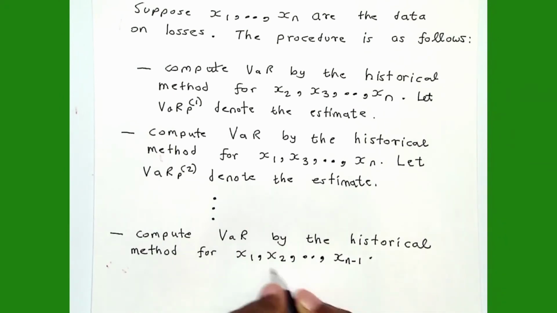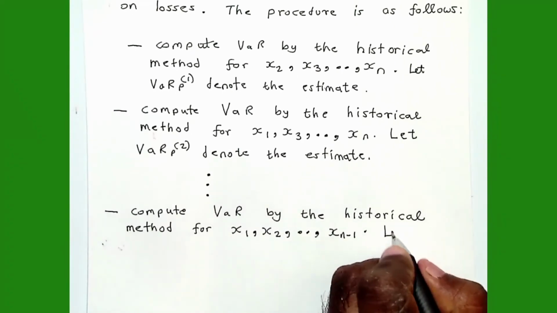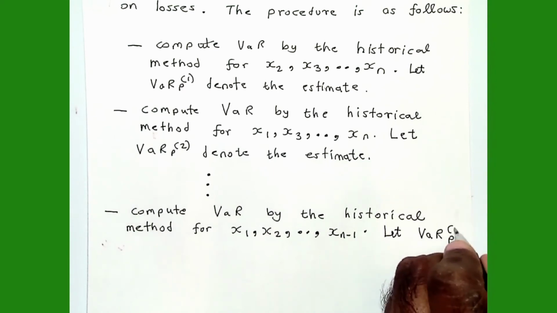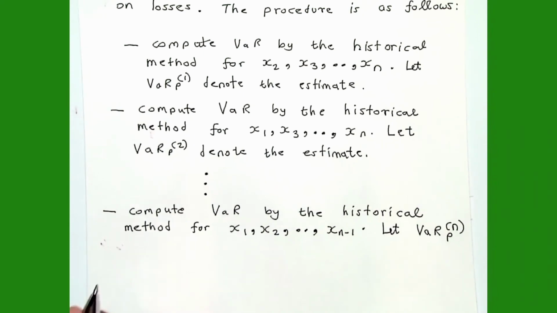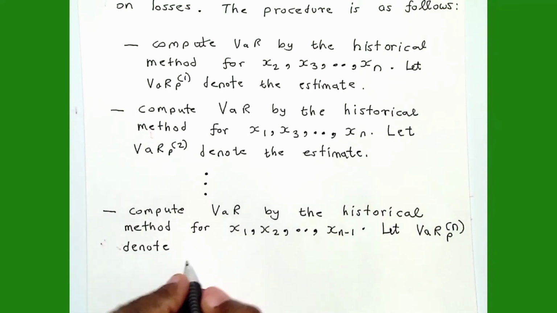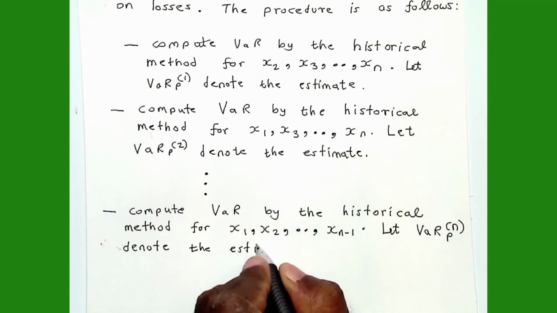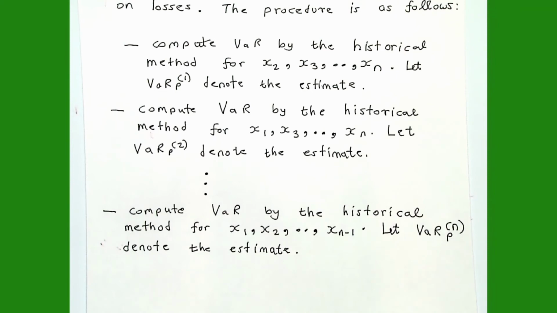So here we have removed the last data point xn, and let this notation denote the estimate. Okay. So at the end of these steps, we have n different estimates for VaR.